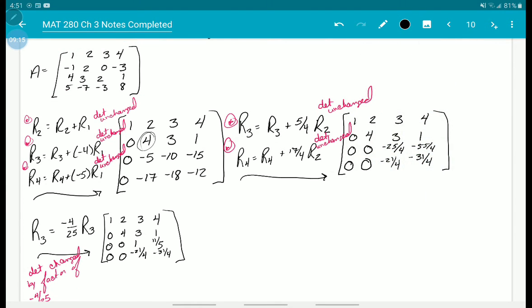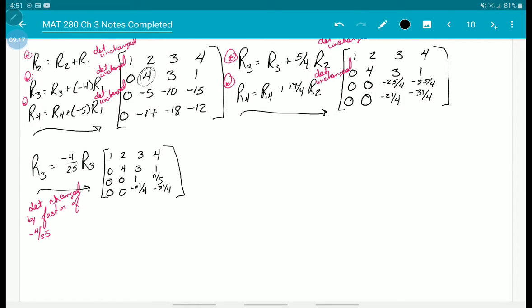So now let's look at our last step. We're going to take row 4 now and replace it with row 4 plus 21 over 4 times row 3. First 3 rows are the same.